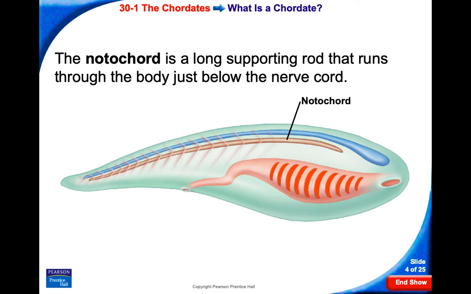Depending on what that chordate is going to develop into, it may turn into a bony vertebral column, or there are other forms as well, but at least at an embryo stage, there's this kind of supporting structure that is usually following the same pathway that the hollow nerve cord is following.